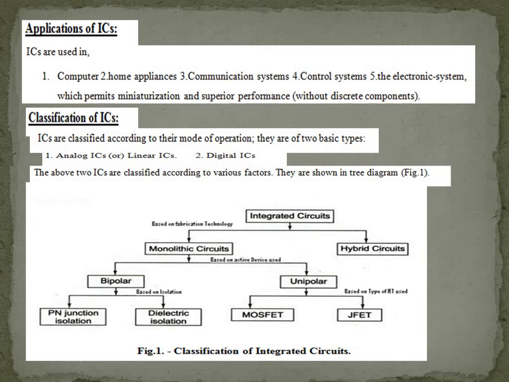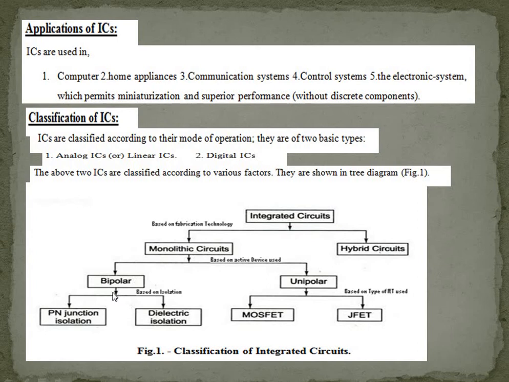Similarly, based on the type of fabrication technology involved, we can classify the ICs into 2 categories. The first one is monolithic circuits, and the second one is hybrid circuits. Again, the monolithic circuits are classified into two types based on the active device used. The first type is bipolar and the second type is unipolar.